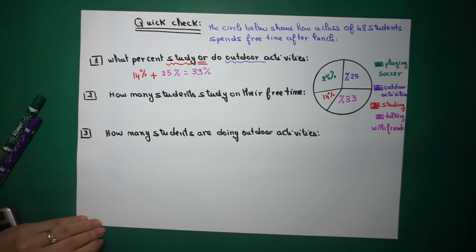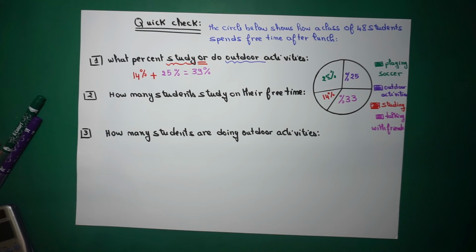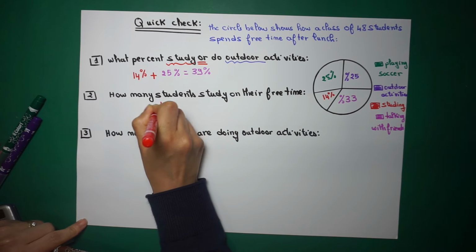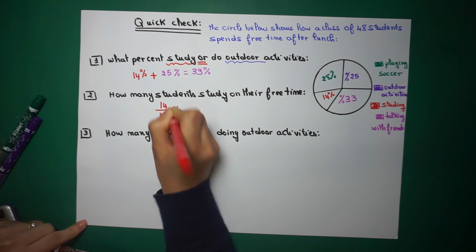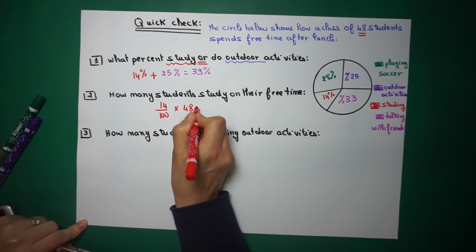To answer the second question, how many students study in their free time? So how many students? I don't need the percentage, I need how many students. So as I said for the previous examples about music, I have to take the percentage of people who are studying in their free time. So here I have 14%. I'm gonna divide it by 100 and I'm gonna multiply it by the total number of students, which is 48.